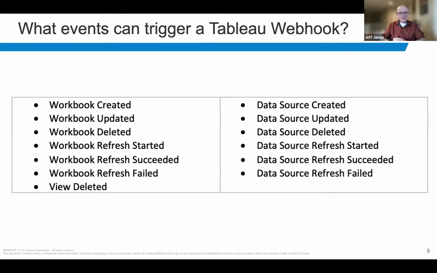It's actually a relatively simple process on the Tableau side. There's no UI for it, so it's all with the REST API. But it's relatively straightforward to create those things and then list what they are, and then interact with them and send the information out.